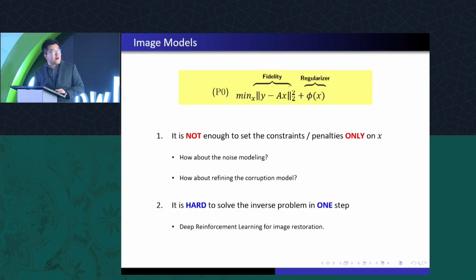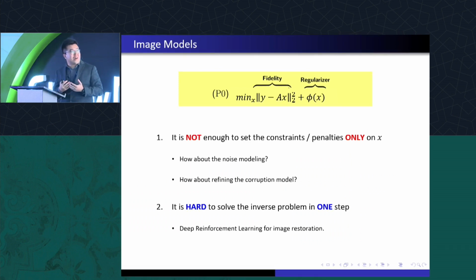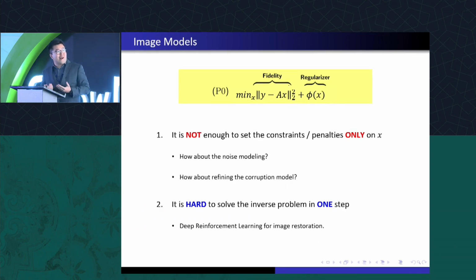So that poses a question to us: even though we have so many good deep image prior structures, it may not be good enough to only set constraints or penalties on X, right? So how about we add noise modeling as well in the loss or objective function explicitly, on top of the image regularizer?